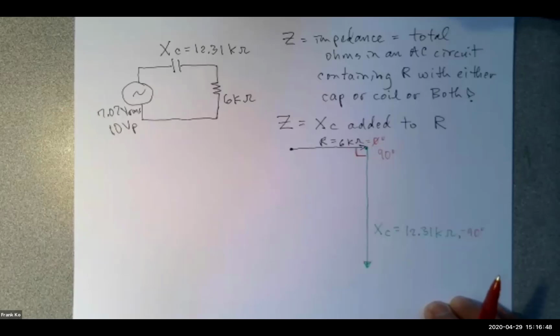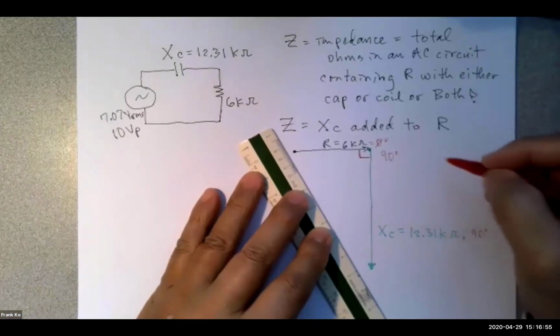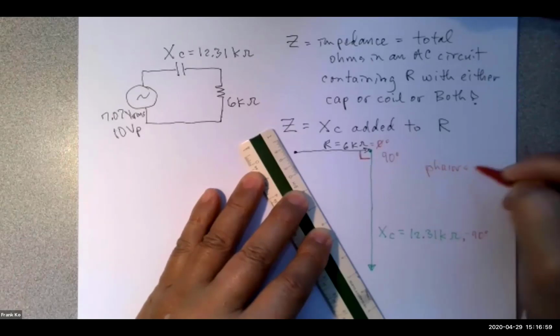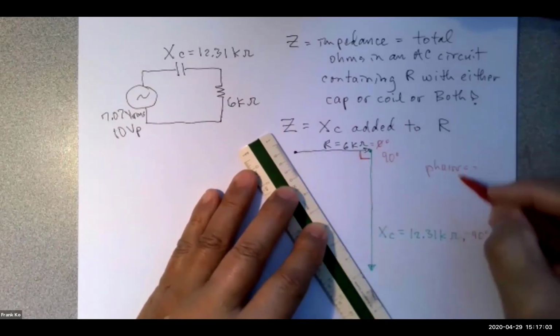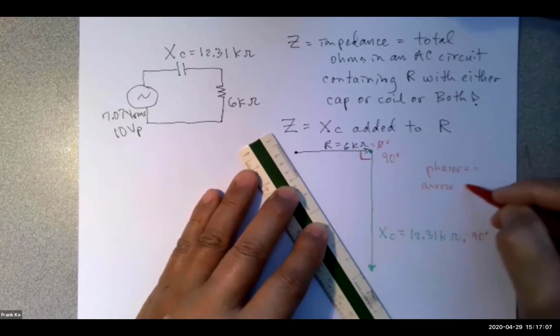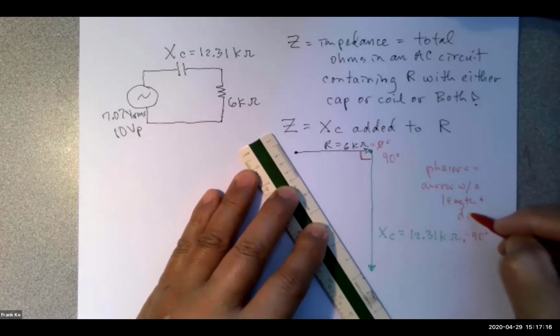And what happens now is when we go to add these two, these are called phasors. Okay, so we have a phasor, which is an arrow with a length and direction.